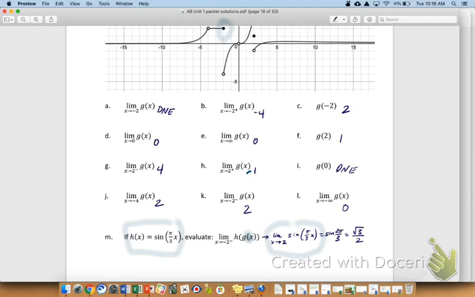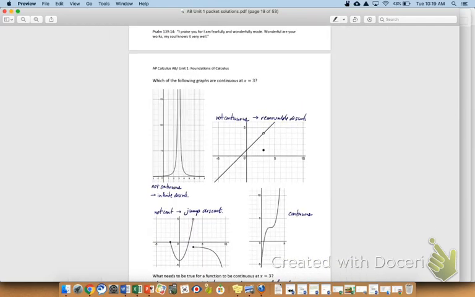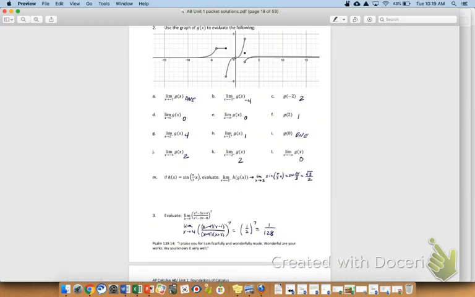Okay, good deal. So tomorrow there will not be a warm-up. Tomorrow there will be review quiz 1 when you guys come to class. Okay. Flip ahead. Let's do some continuity. So this first little piece here is for you guys to consider continuity of those graphs.